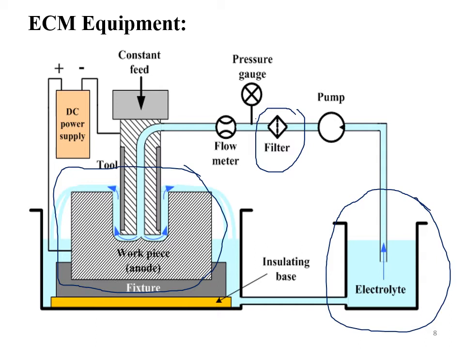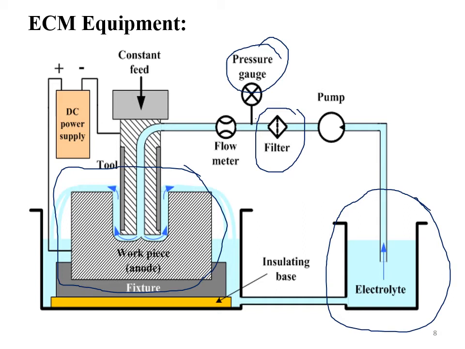That has to be filtered out, and then it is sent to the tool with the help of a pressure regulator. For checking the pressure, a pressure gauge is kept at this junction. Based on this pressure, a flow meter or regulator is required here to control the flow, so that the electrolyte is sent to the machining zone at a constant pressure.